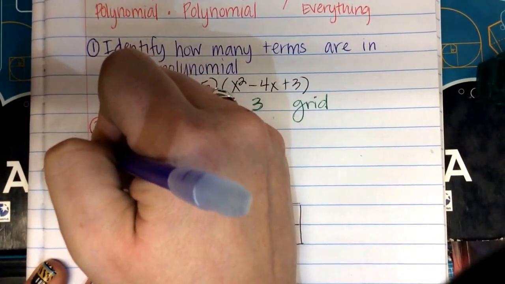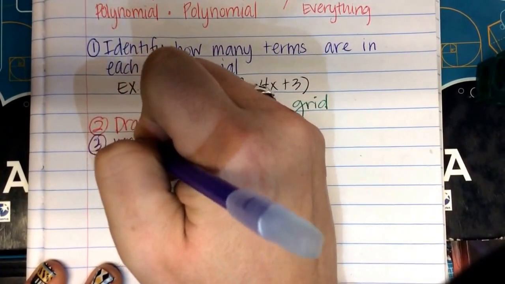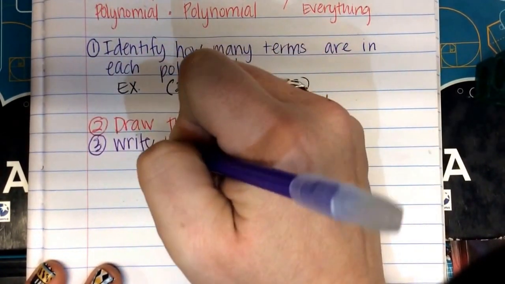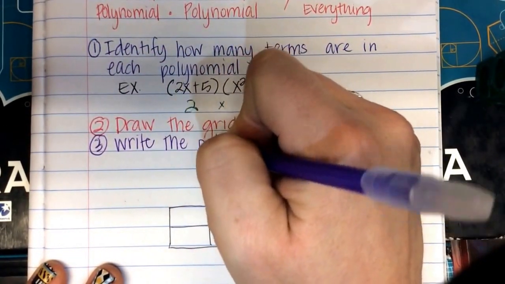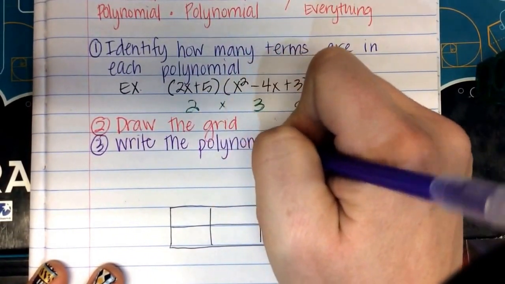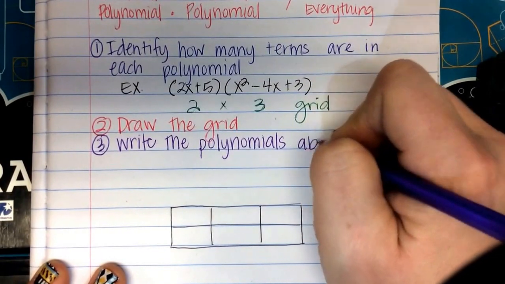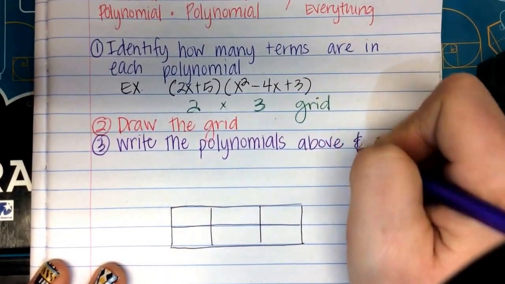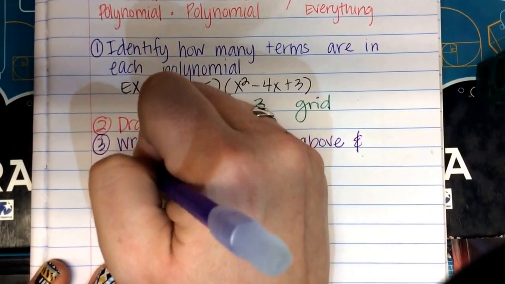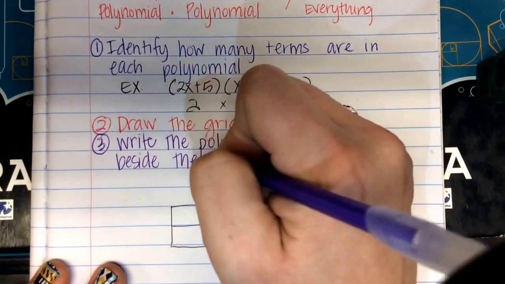Step 3. Write the polynomials above and beside the grid.